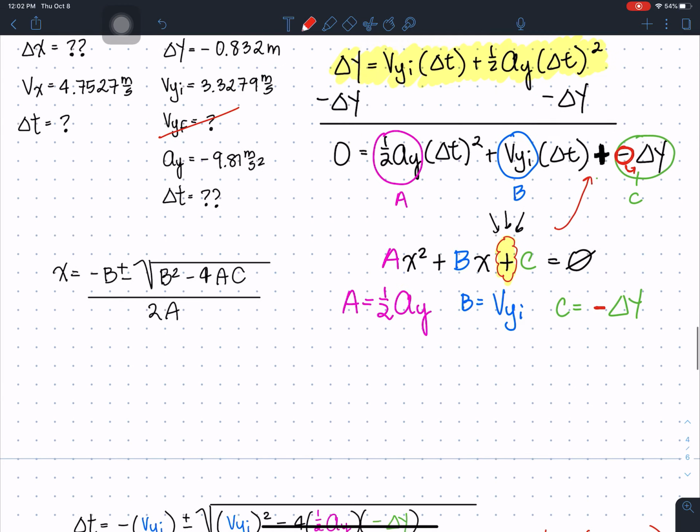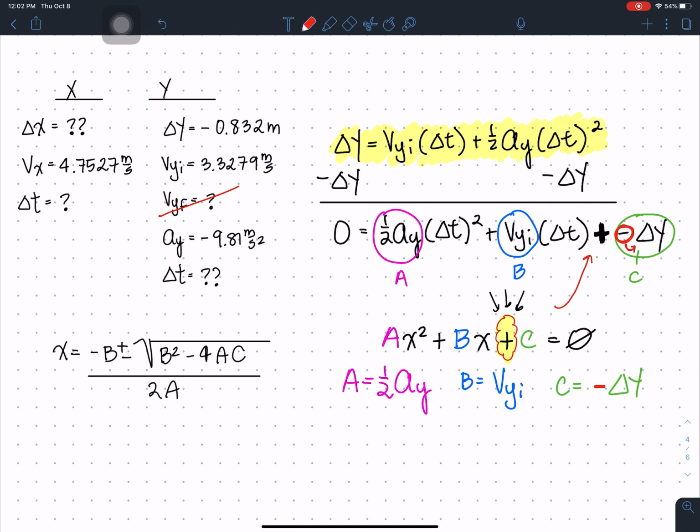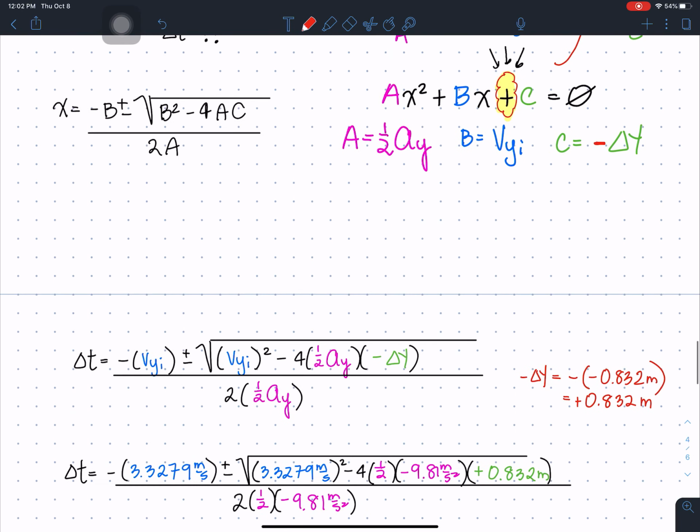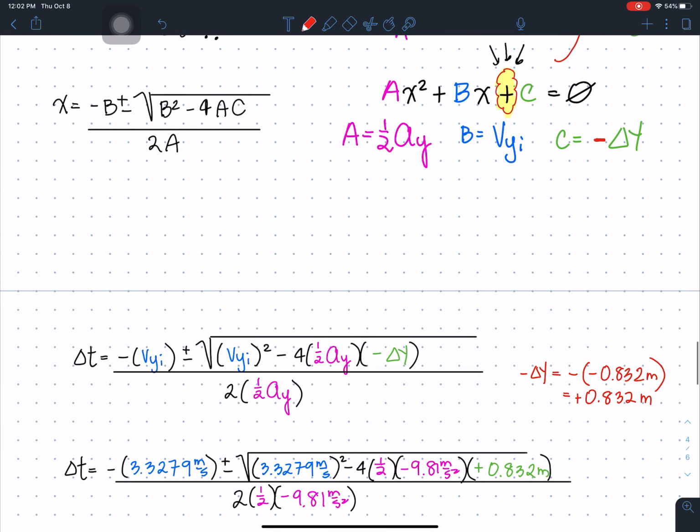When we plug in our inputs, so here's our variable table, we've written out our inputs. Remember that we measured delta y with the meter stick. When we plug in our inputs, we can see the equation rewritten as this. So we see that we've plugged in Vi sine theta as our Vy initial. We're plugging in negative 9.81 meters per second squared as acceleration in the y.